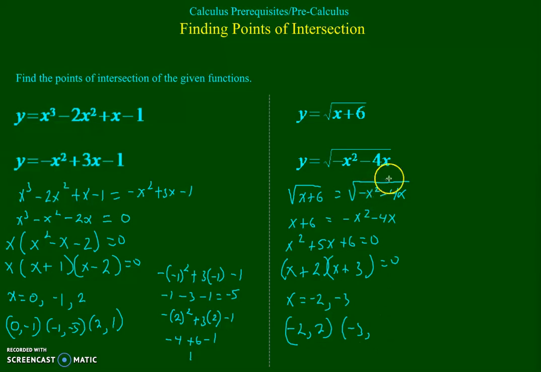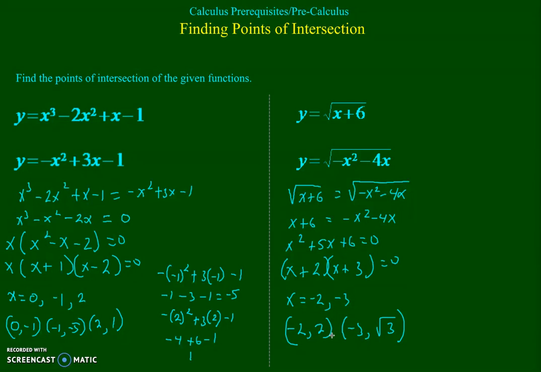Let's see what that comes out to. So for negative 3, I'm not going to be able to do that in my head. Well, yeah, I am. It's the square root of 3. That was because we had 6 minus 3, so that's the square root of 3. So there's our 2 points. All right, well that's points of intersection.